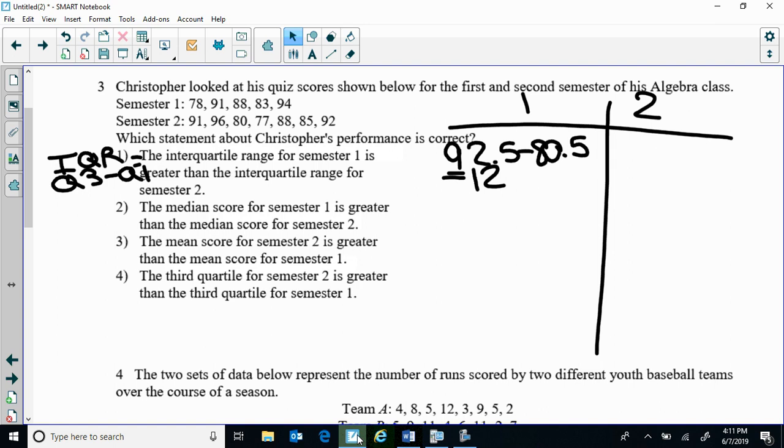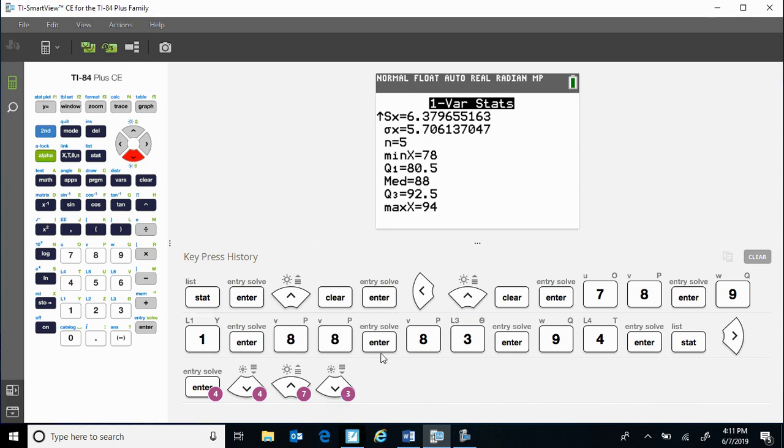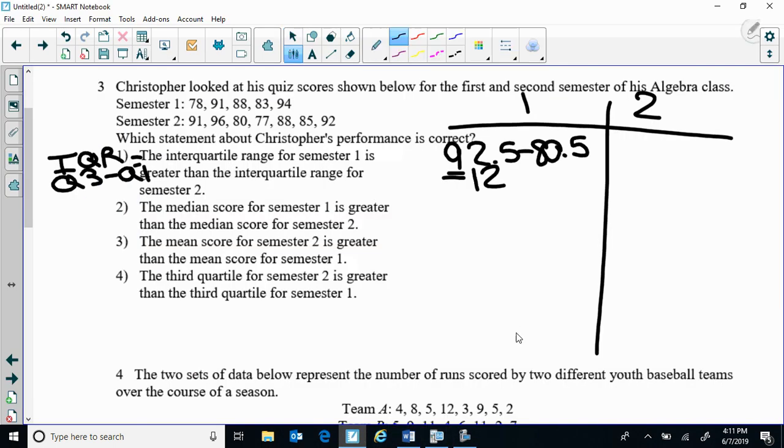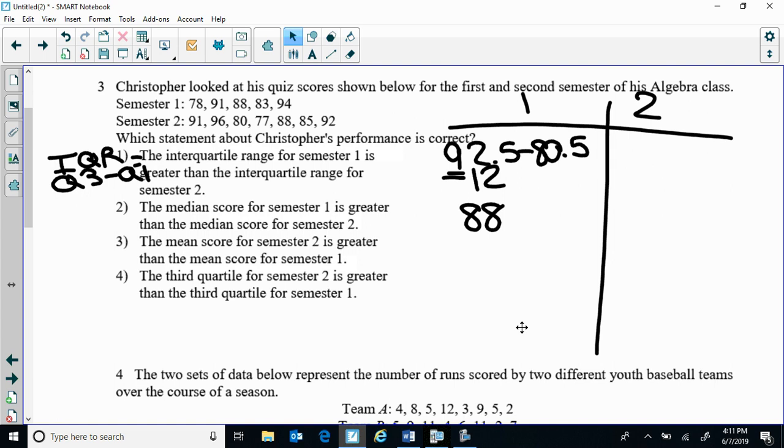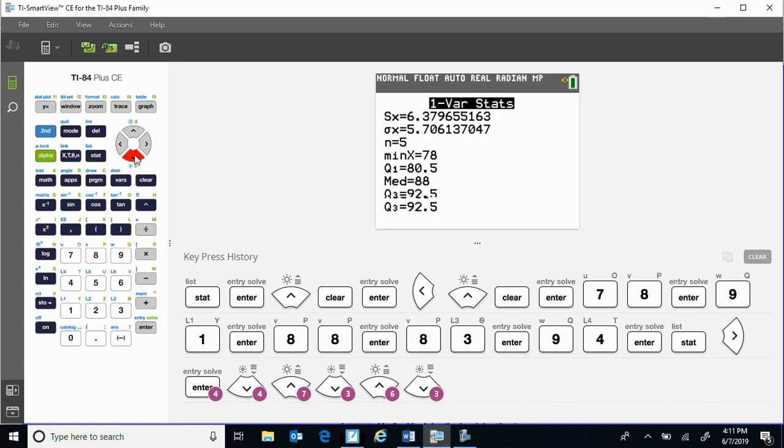Median, remember, is MED, which is 88. The mean, remember, that's your x with a bar over it, which in this case is 86.8. And third quartile, our Q3, we already found, but we can go back and look at it again if we want to, 92.5.